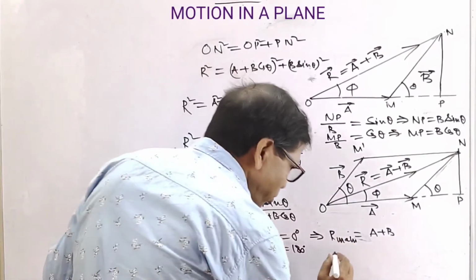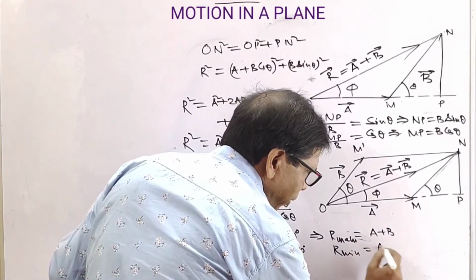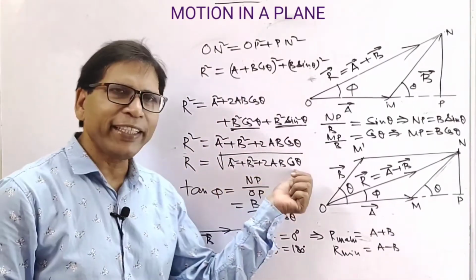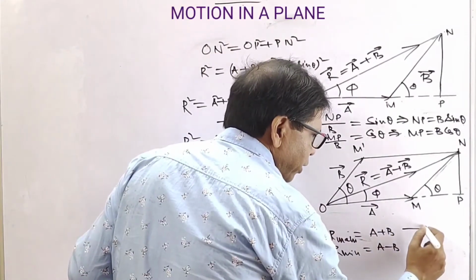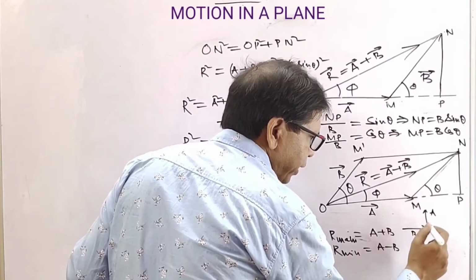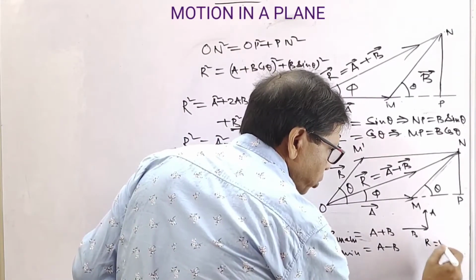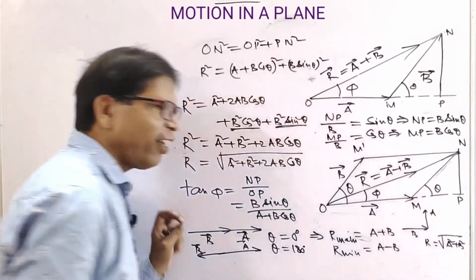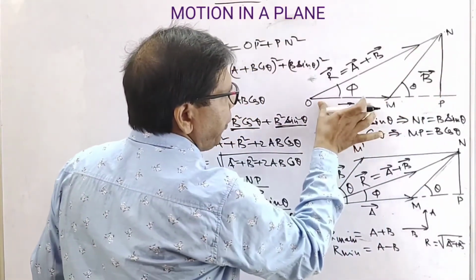So R minimum equals A minus B. Again, when theta equals 90 degree, this is the A vector and this is the B vector, then cos 90 equals 0, so R becomes root under of A square plus B square.